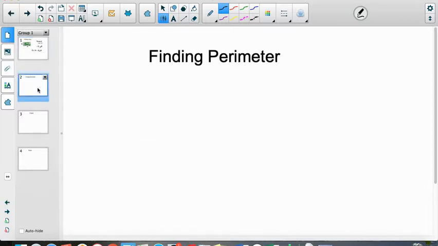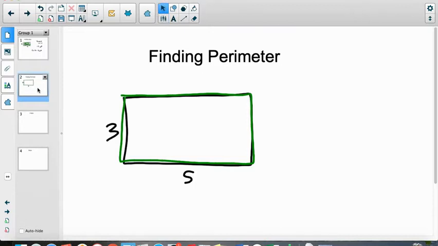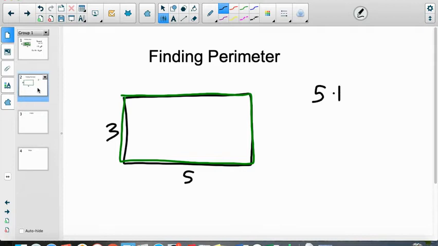Perimeter, say we have that same rectangle. Perimeter, instead of the area inside, it's the length around the shape. So to get it, you take all the sides.